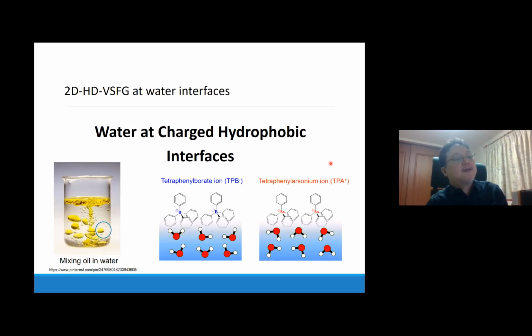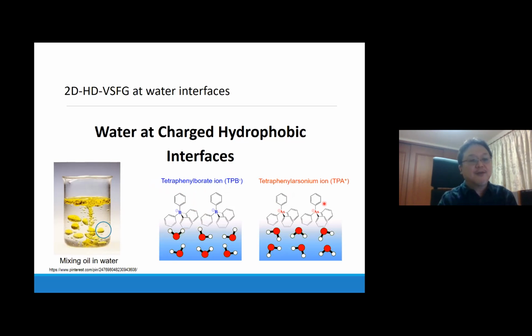So we use two types of charged hydrophobic molecules. One is the tetraphenyl borate ion, TPB minus, which has boron at the center with a negative sign, surrounded by four aromatic groups.